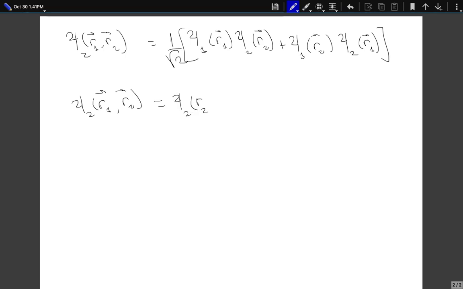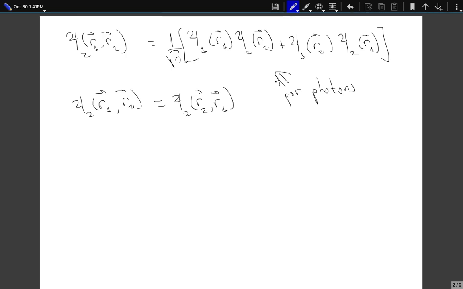For photons, it should be symmetric. So even if, let's say, you measure a photon at the position R1, is it the Psi1 photon or the Psi2 photon? You can never tell it.